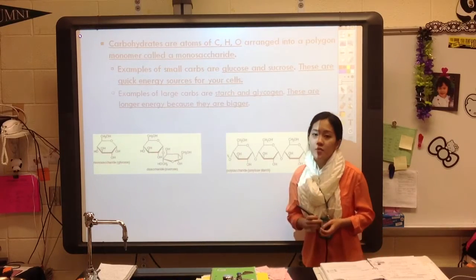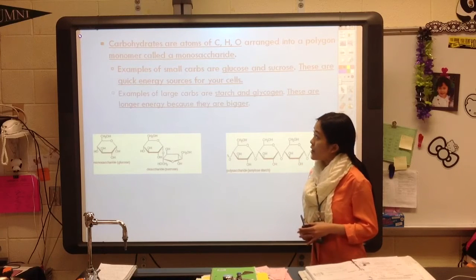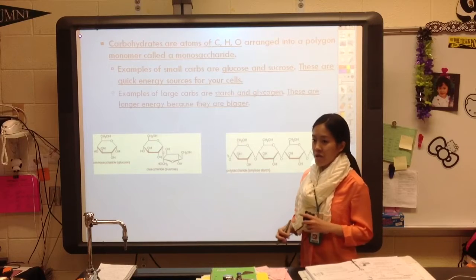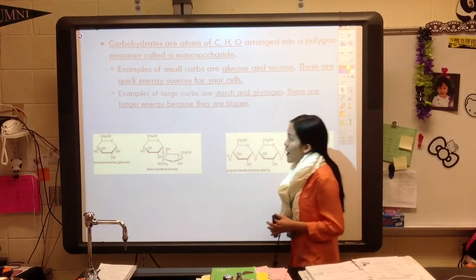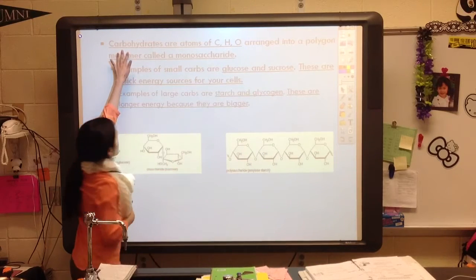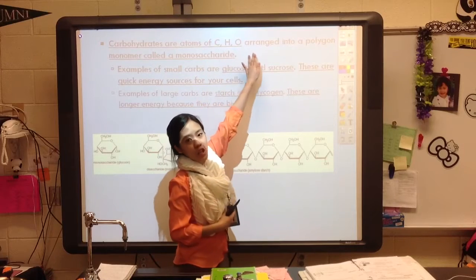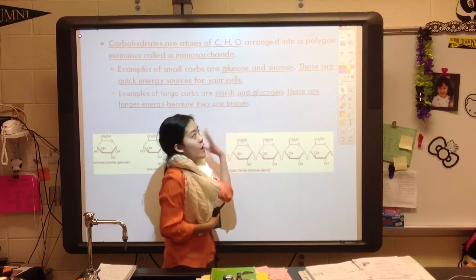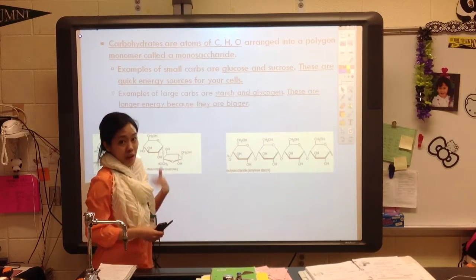So the first macromolecule that all living things need is carbohydrates. A lot of times you'll hear people talking about eating or not eating lots of carbs. Carbohydrates are molecules made up of the atoms C, H, and O: carbon, hydrogen, and oxygen. When you see C, H, and O, hopefully you also think of the word organic.